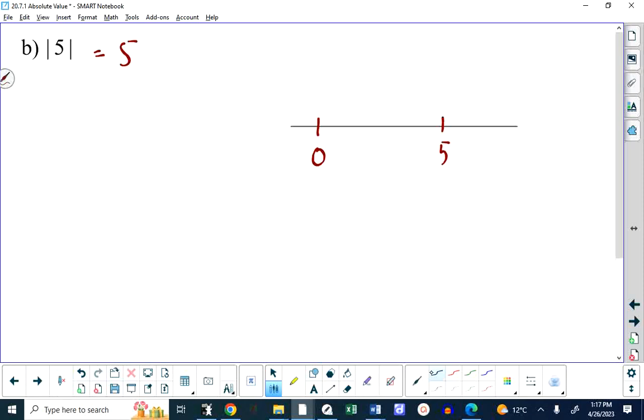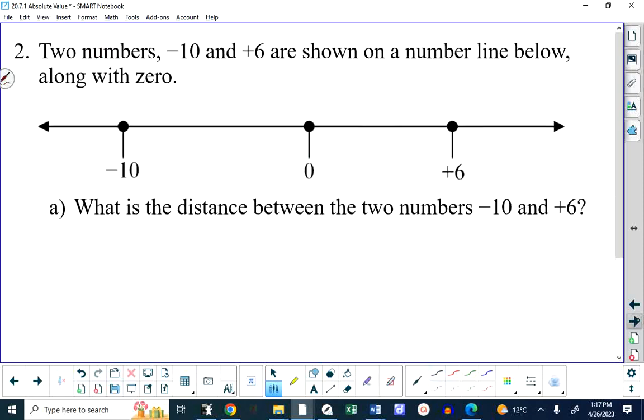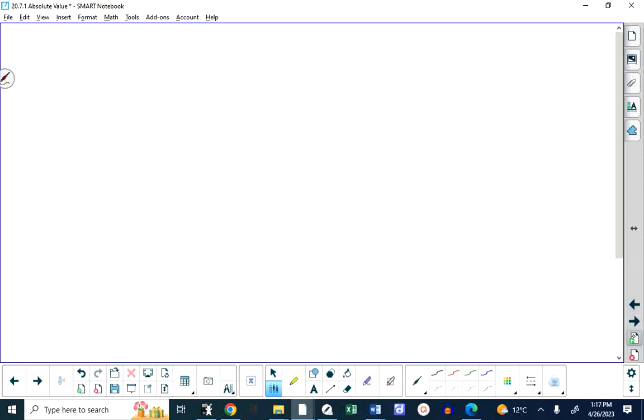What we have basically learned from example 1, A and B, is that the absolute value of a number is the number if the number was greater than 0. I want you to roll that around in your head. The absolute value of a number is just that number if the number is a positive value.